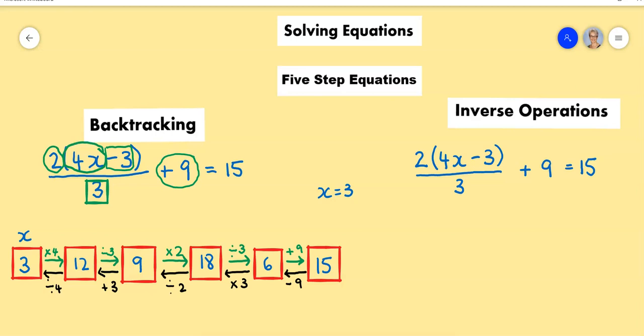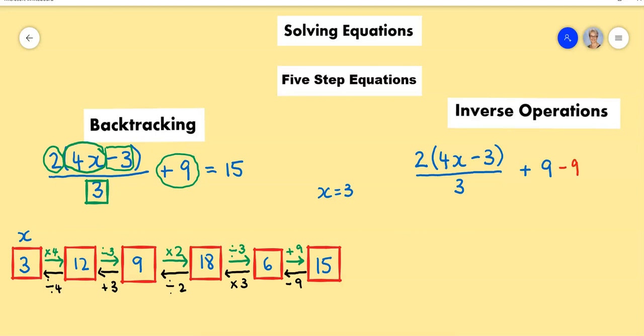Now we're going to solve using inverse operations on our equation. So when we look at our flowchart, we can see that the first thing that we did to undo our equation was to subtract 9. So this is what I'm going to do to both sides of the equation.